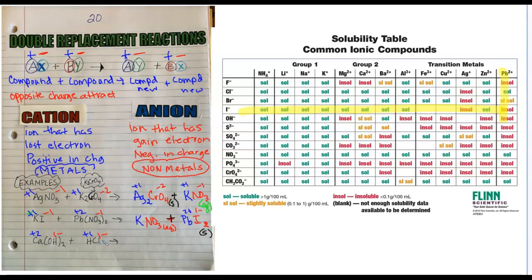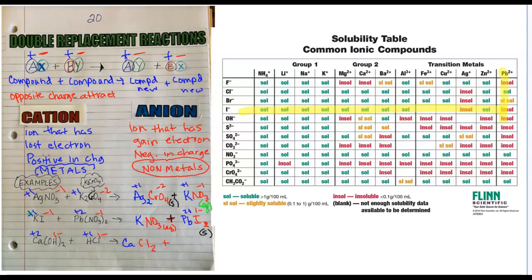Okay, and again, if I'm going too fast on those, you can definitely pause and check it out. So again, I'm going to take my positive calcium with my negative chlorine. Now calcium is a +2, chlorine's a -1, so I'm going to need 2 chlorines.